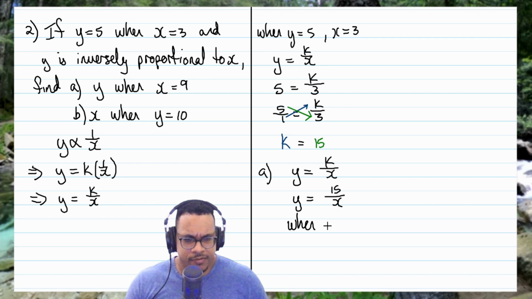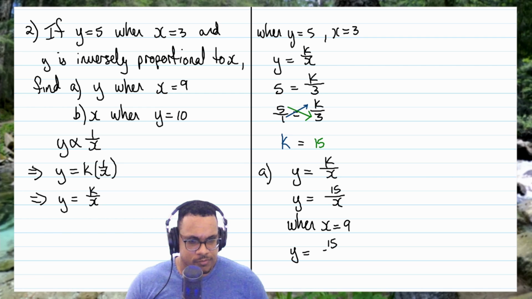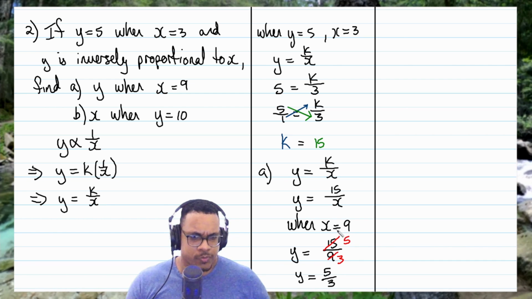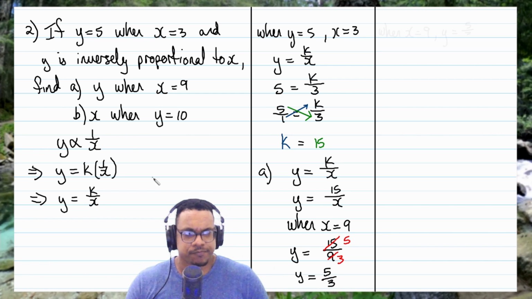So when x is equal to 9, we'll have y is equal to 15 over x, and x is 9. Now we can break this down and say 3 into 15 is 5, and 3 into 9 is 3. So we get y is equal to 5 over 3. So when x is equal to 9, y is equal to 5 over 3.